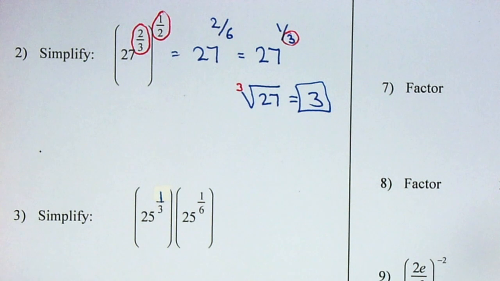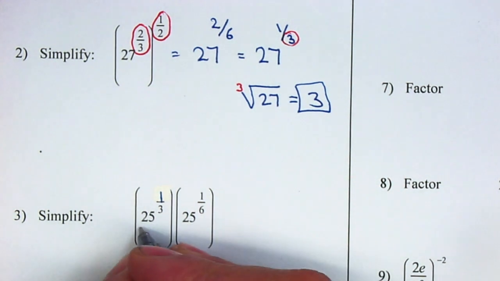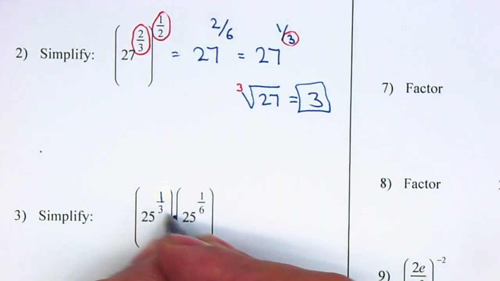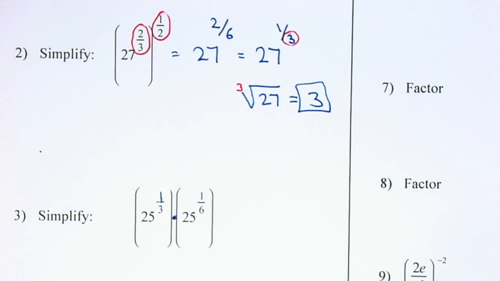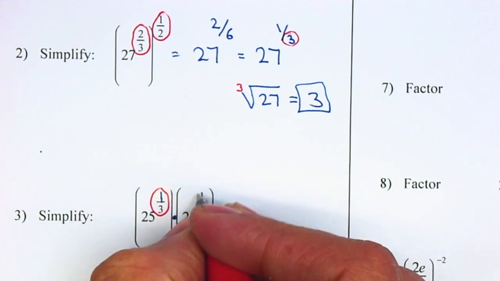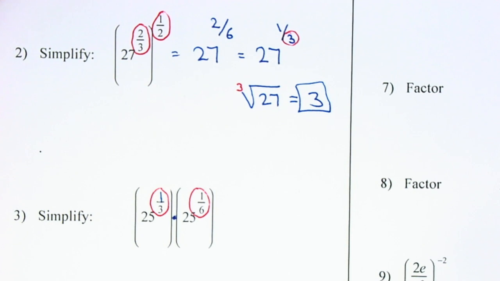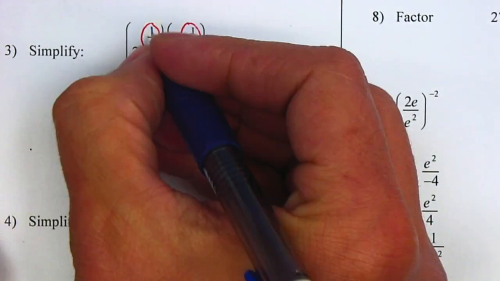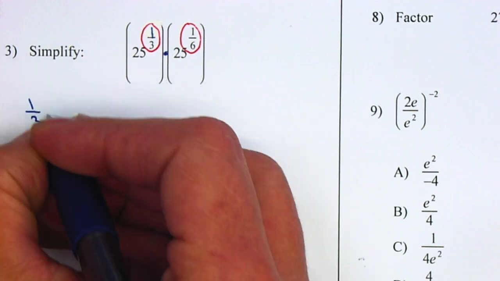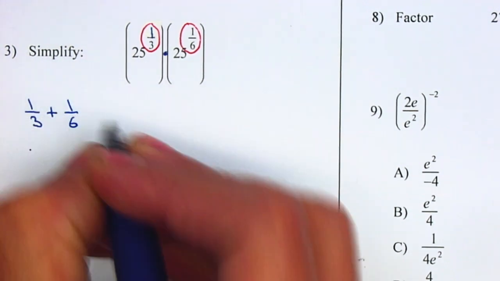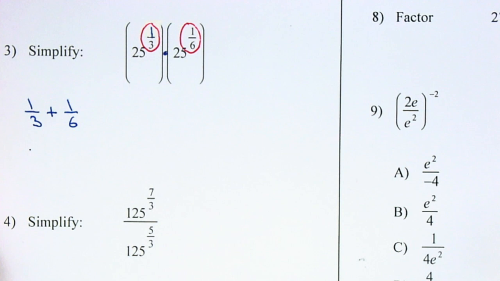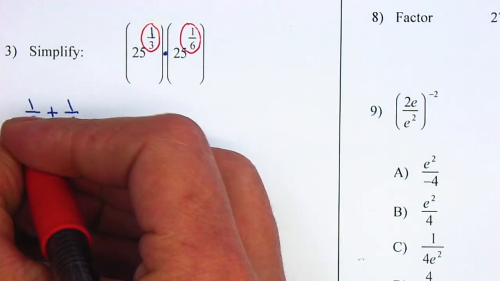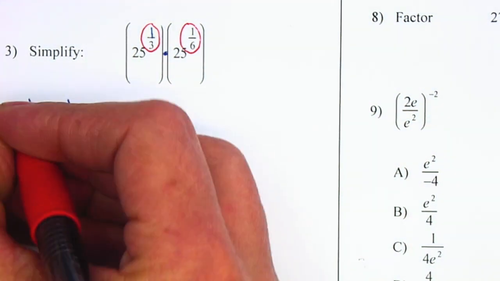For letter B, we are multiplying. Therefore, we are going to be adding the exponents. We have 1/3 plus 1/6. Remember, in order to add two fractions, I need to have the same denominator, so I'll multiply the left by 2.